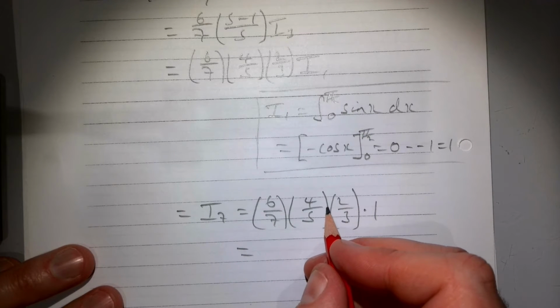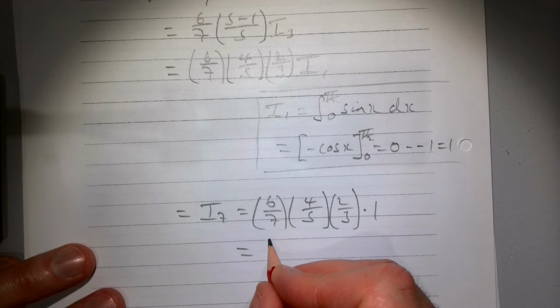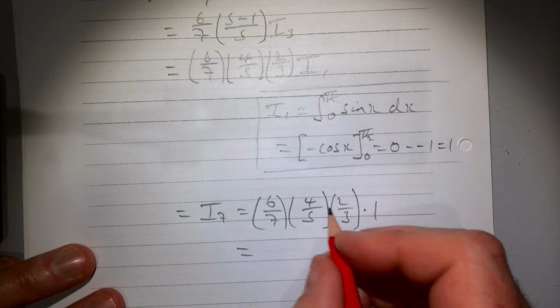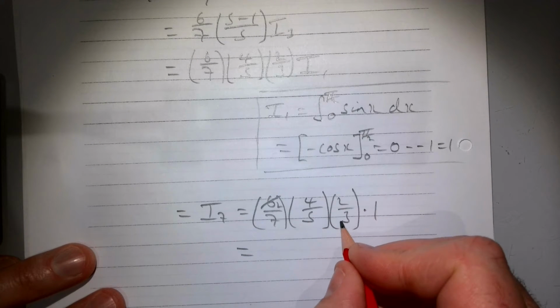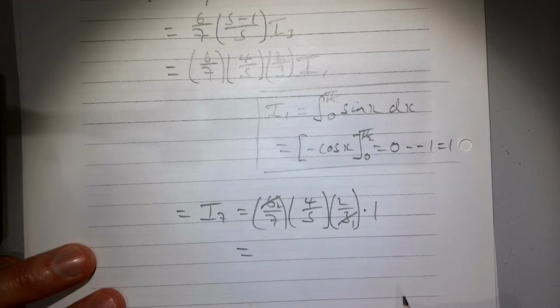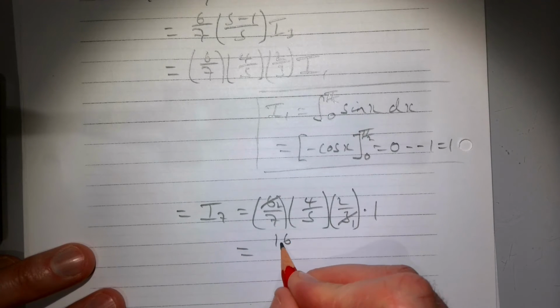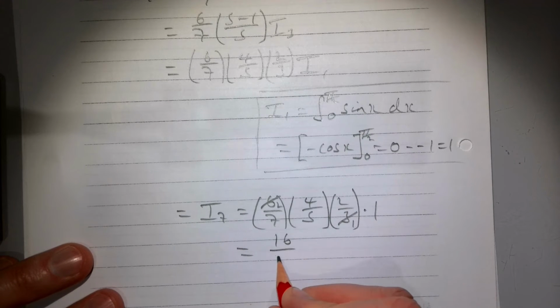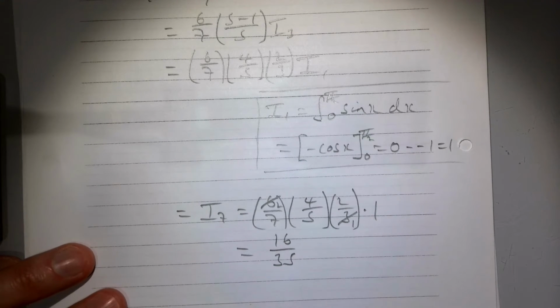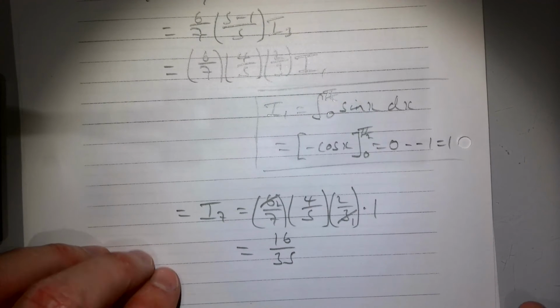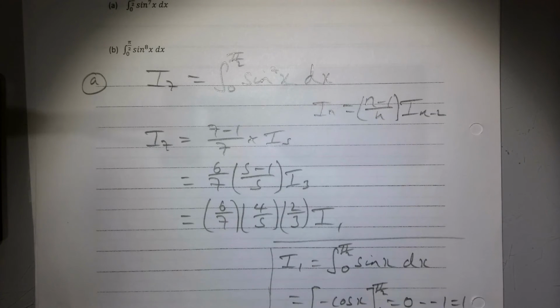We can tidy up a few different bits and pieces there, but I think we end up with, if we cancel that side, 2, that goes to 1, everything else is going to go. 2 times 4 times 2, 16 over 35. So with doing very little integration at all, we are able to work out then our integral of sine 7.